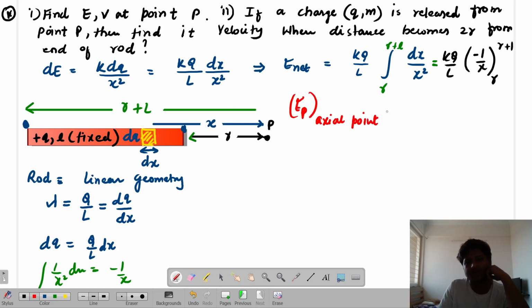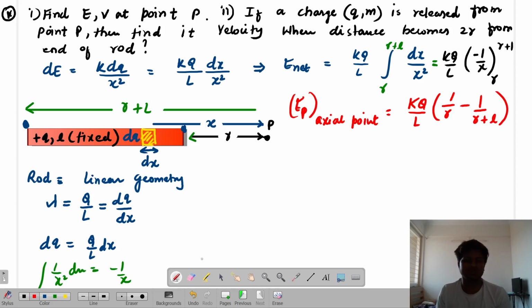That was my equatorial point at r distance, and this is my axial point. So it is written as kQ by L times (1 by r minus 1 by r plus L). That's your formula. Is that clear?